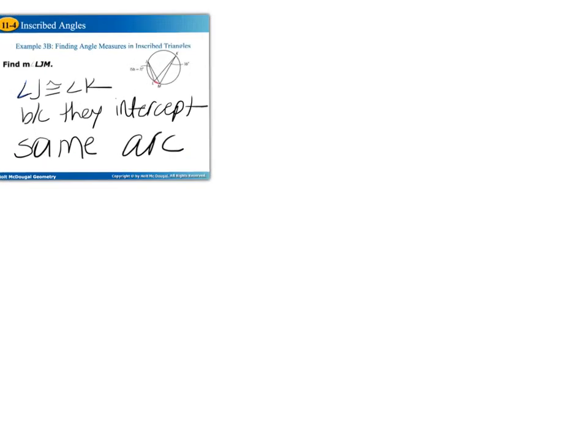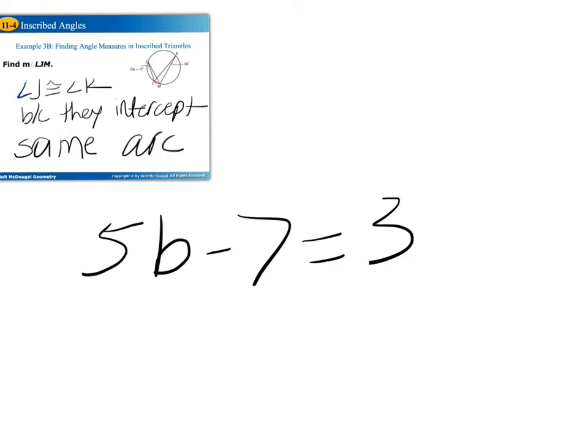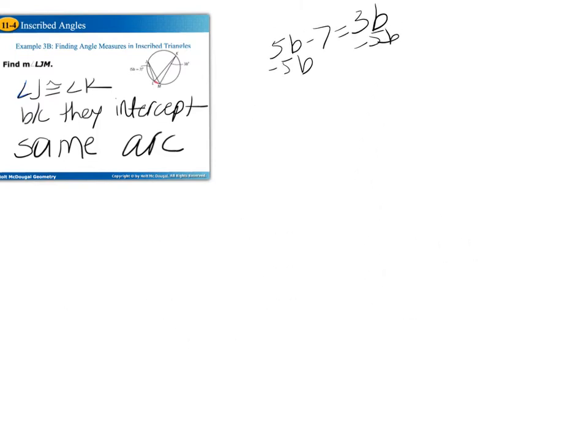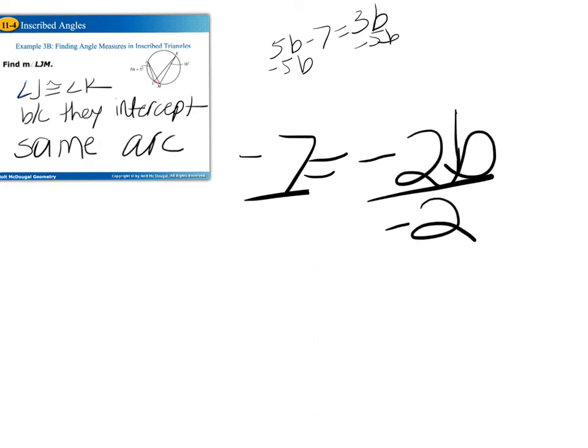So all I have to do is take J and equal it to K. So I got 5B minus 7 equals 3B. I'm going to subtract 5B from this side. I want all my variables on the same side and all my non-variables on the other. All right, so I get negative 7 equals negative 2B. Divide by negative 2, divide by negative 2.